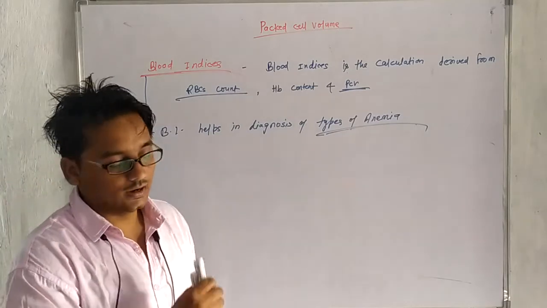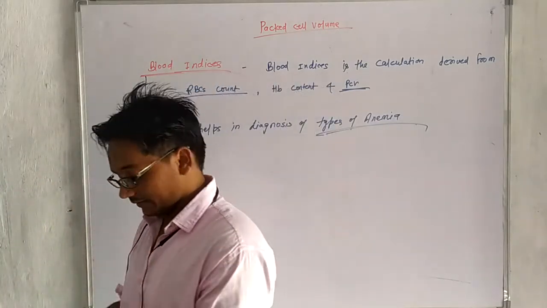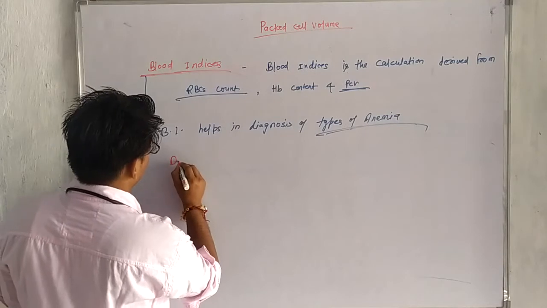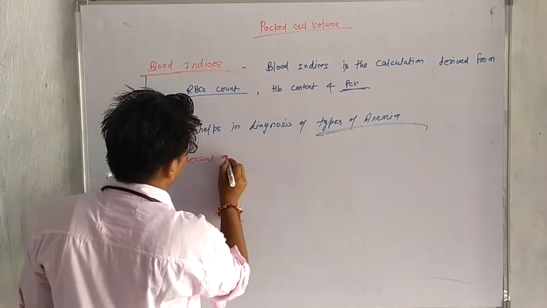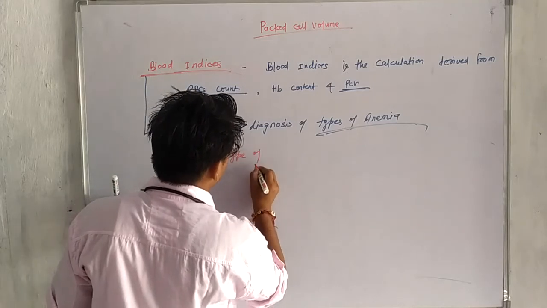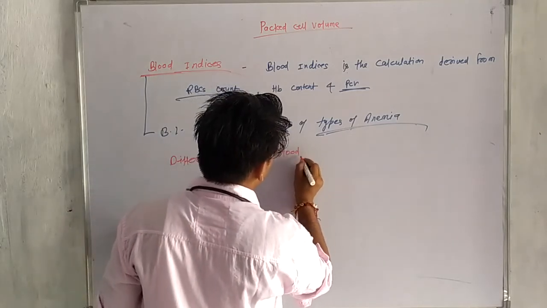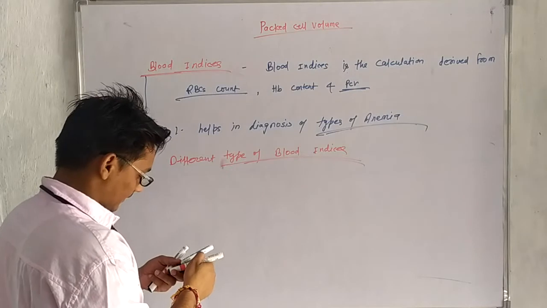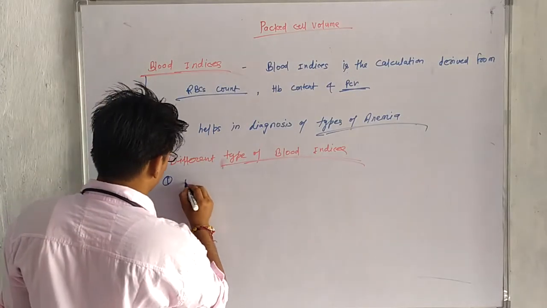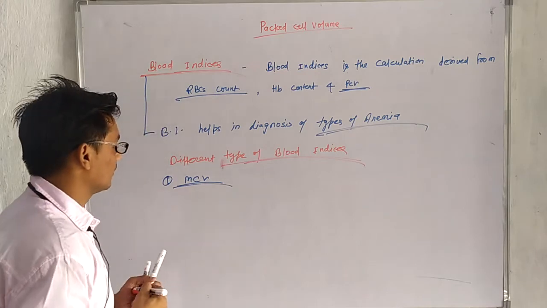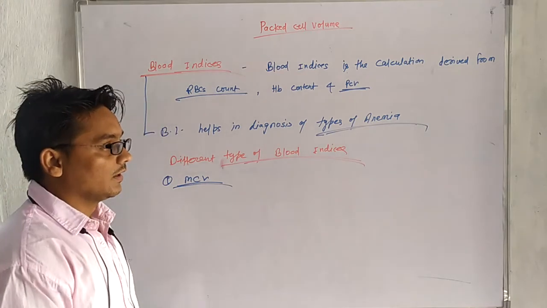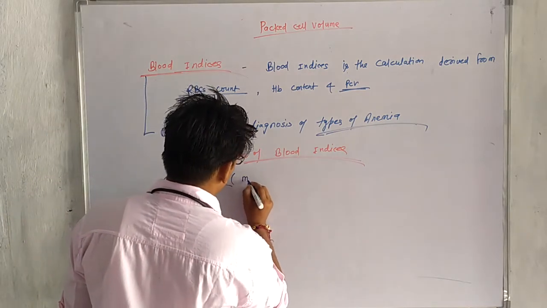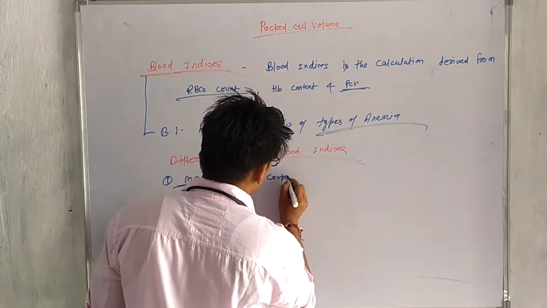Different types of blood indices: MCV, MCH, MCHC and CI. First, MCV, mean corpuscular volume.